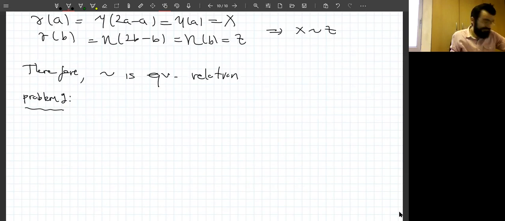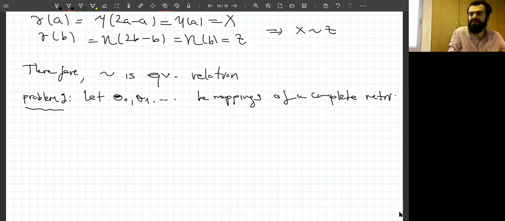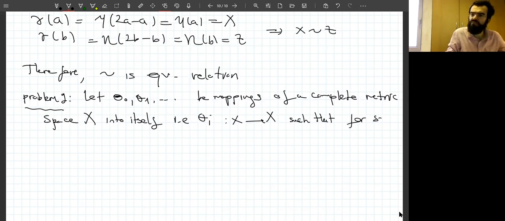Let theta 0, theta 1 be mappings of a complete metric space X into itself, i.e. theta i from X to X, such that for some a in 0, 1 we have this inequality.